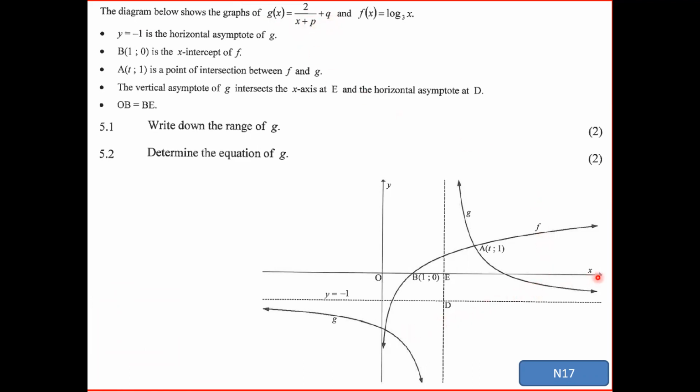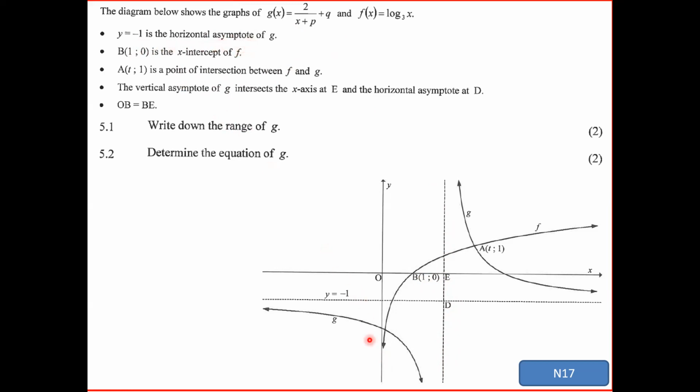If we look at the graph, there's our x-axis, y-axis. We have the y asymptote, which is -1, and we have the x asymptote for the hyperbola, which we don't have. It's e. So we don't know what the asymptote is sitting right there. Then it says y is equal to -1 is the horizontal asymptote.